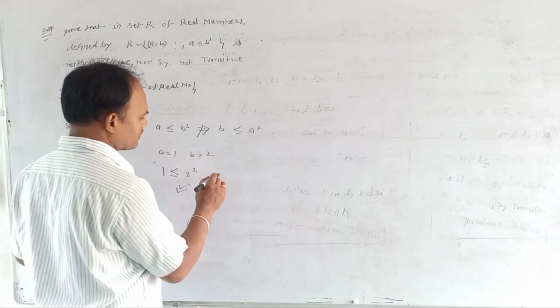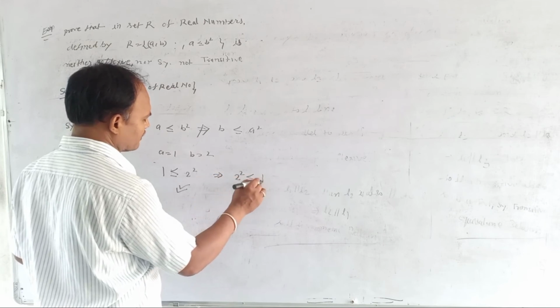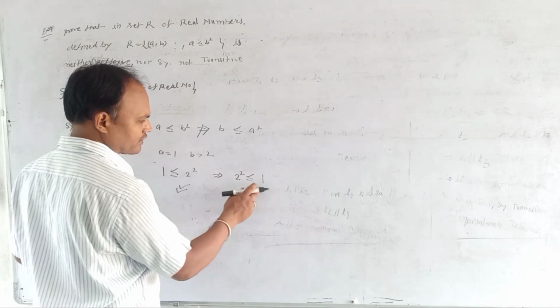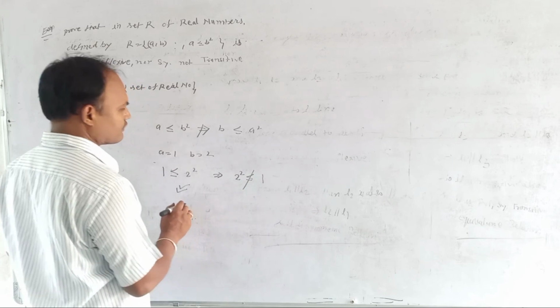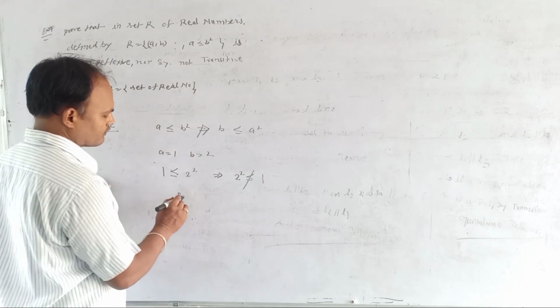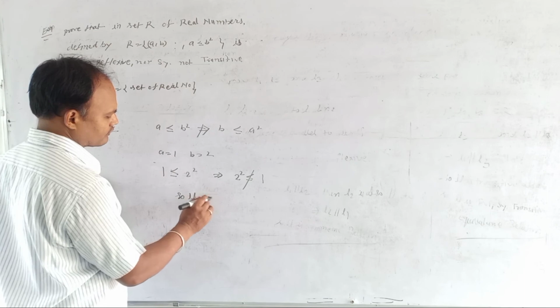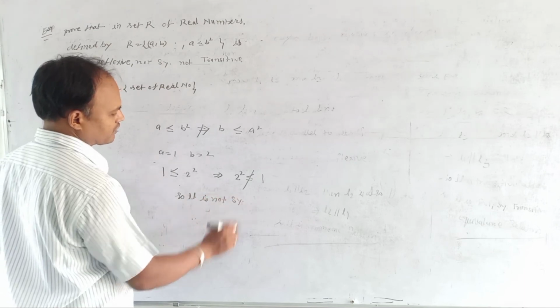But what about the reverse? Is 2² ≤ 1, that is 4 ≤ 1, possible? It is not possible. So it is not symmetric.